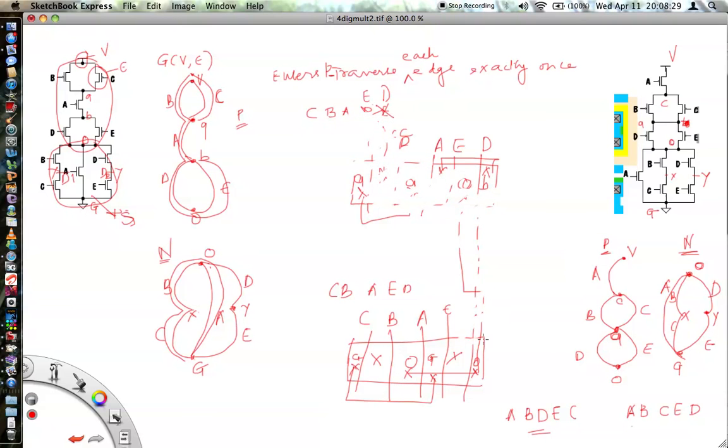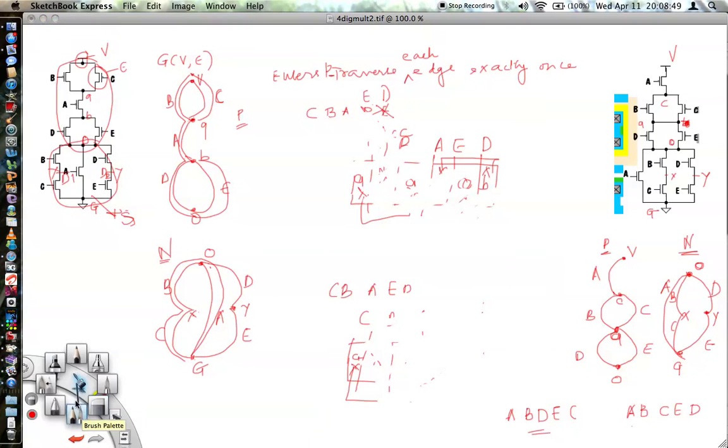Okay, let's erase this. So this is going to take too long. So basically here you cannot have the same pattern, and hence you will get a diffusion jog.